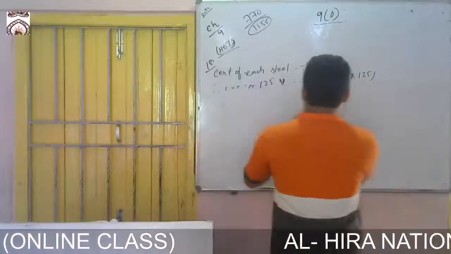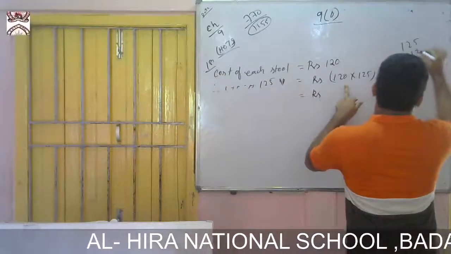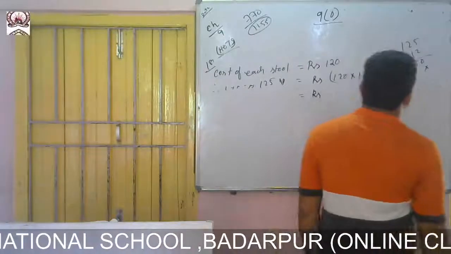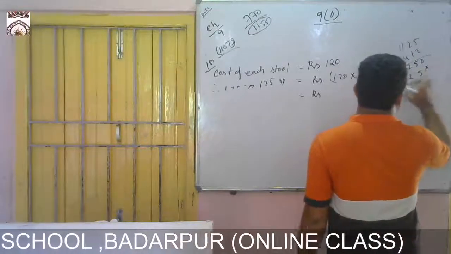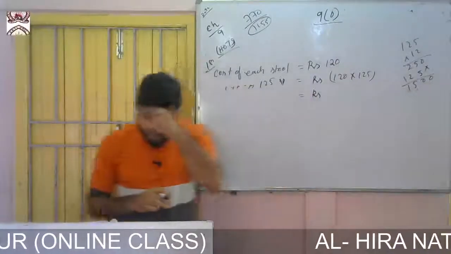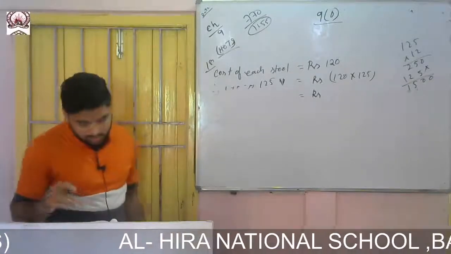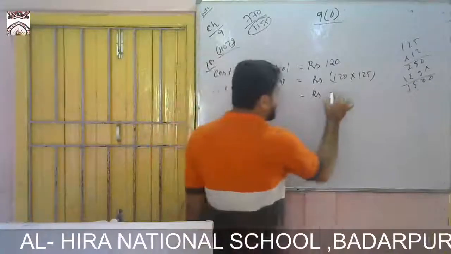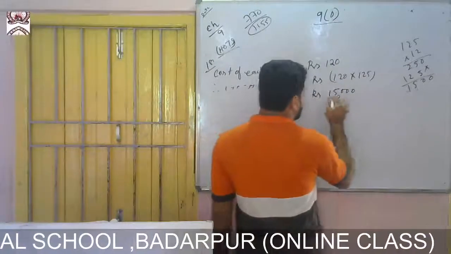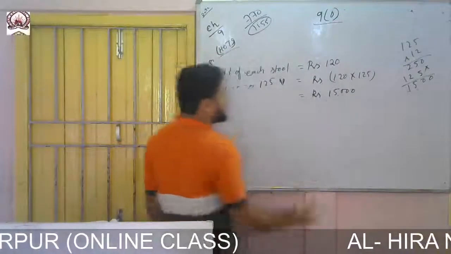Okay, so you multiply it and you will get the answer. 125 into 12, then 10 remains, so at last I have added it. It comes to rupees 15,000.